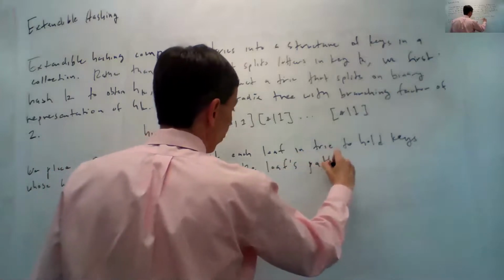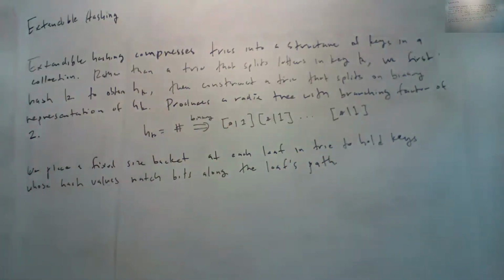Okay. So we can set the size of the bucket to anything we want, 1, 2, 4, 8, 16, whatever. When it fills up, we're going to have a smart way of actually changing the hash table so that we can free up some space in the bucket if we need to. Okay?